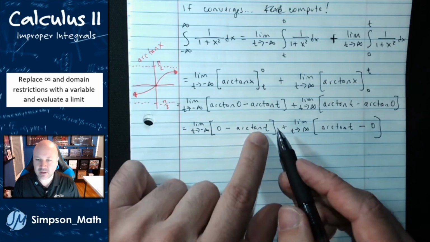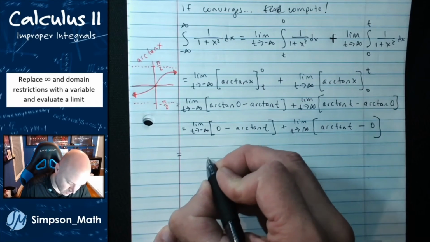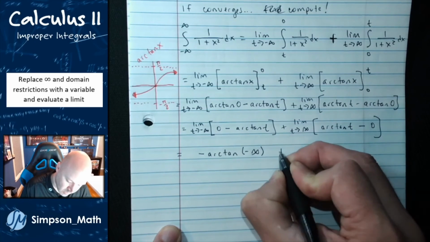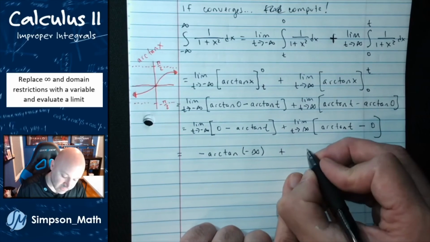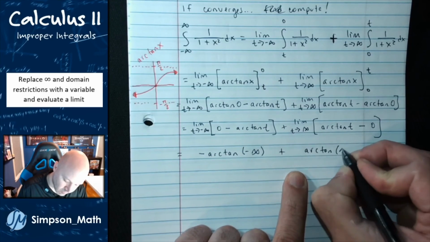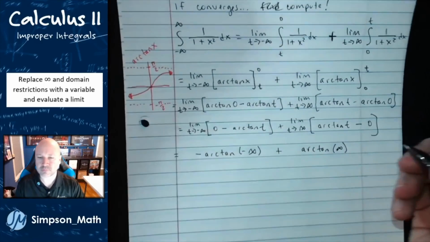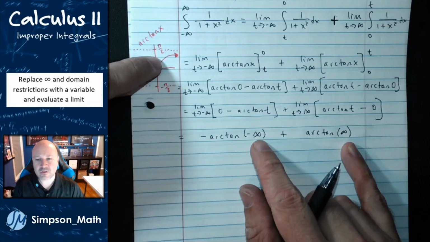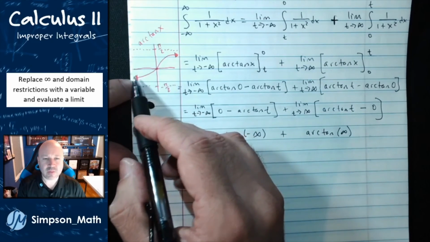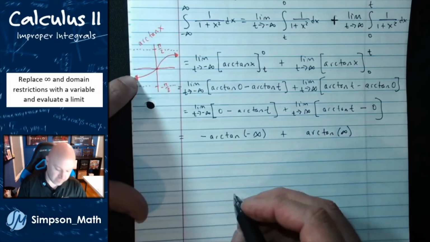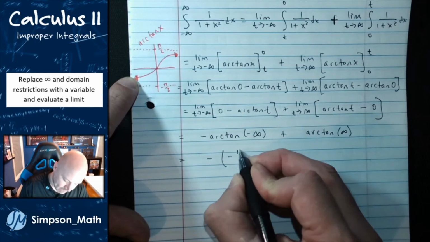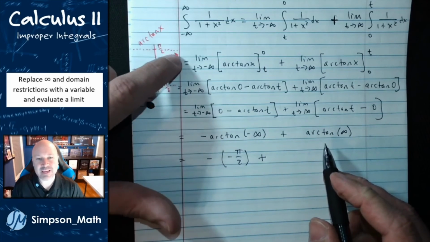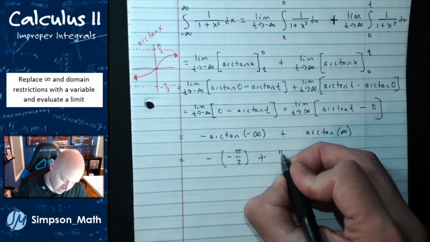I'm going to plug in a negative infinity. Then here I'm going to plug in an infinity. I can look at the graph again for these values. Arctangent of negative infinity, well, that graph is approaching a negative pi halves. Arctangent of infinity is approaching a positive pi halves.